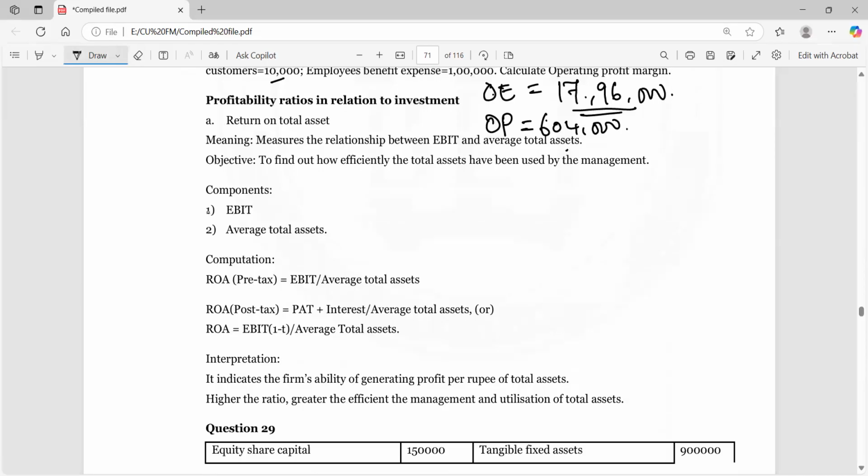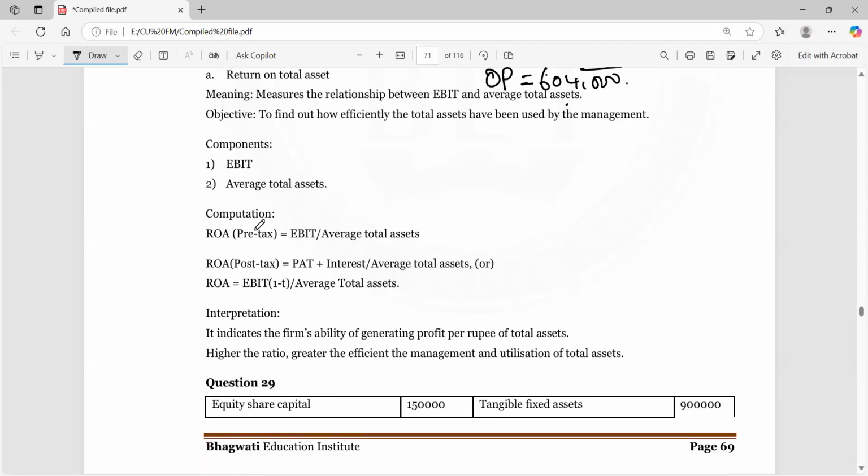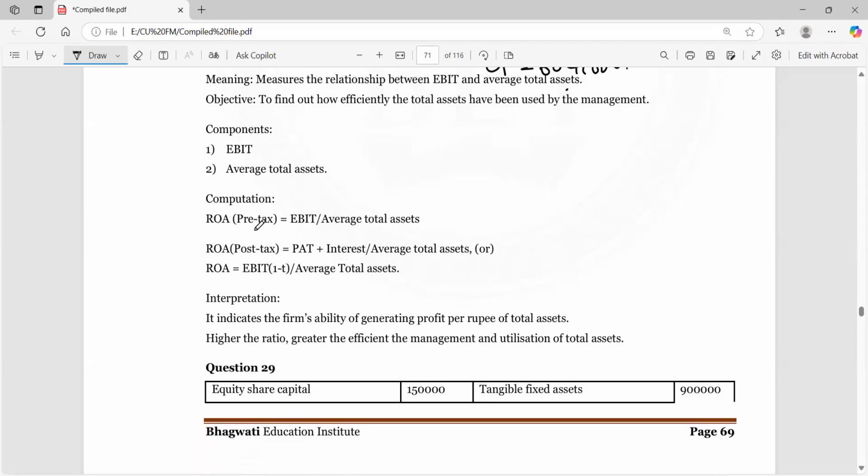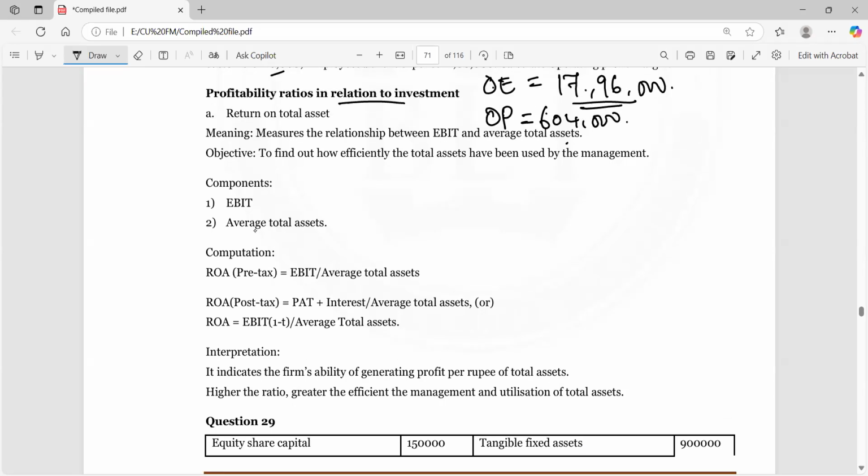So now profitability ratios in relation to investment. I think yesterday also we discussed it. For calculating return on asset, whenever we have this preposition "on" in between, the denominator should be the second term, numerator should be the first term. And the return that we take in the numerator depends upon the situation. This is important. If the total asset is financed using 100% equity, what return will you take?